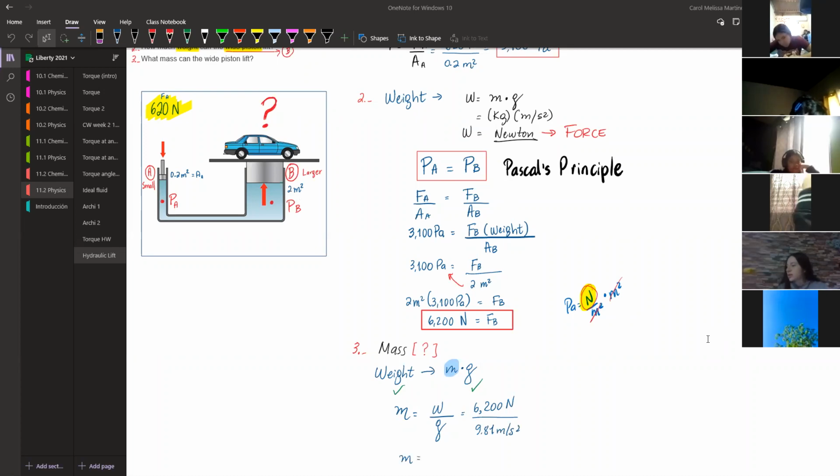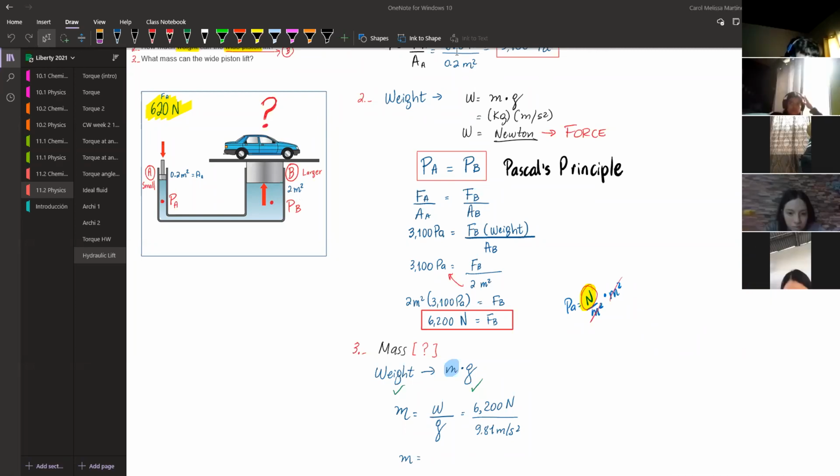So we replace by the givens, okay? How much is this? 632. 632. Now, in what units do we measure mass?